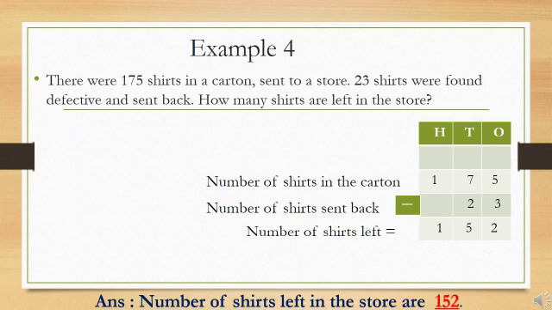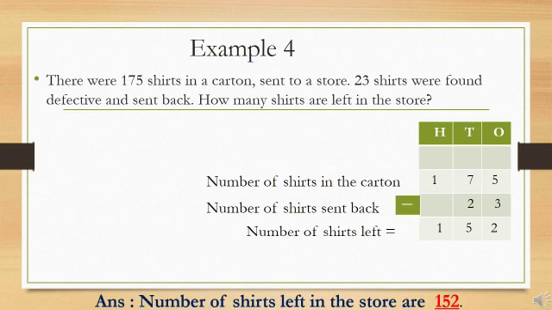First check ones column. 5 minus 3. How much is 5 minus 3? Yes, 2. Then go to tens column. 7 minus 2. How much will be 7 minus 2? Yes, 5. Then go to hundreds column. There is no number to subtract with 1. Therefore, we need to write 1 as it is.